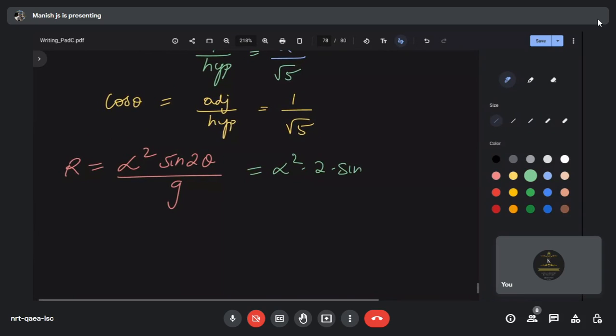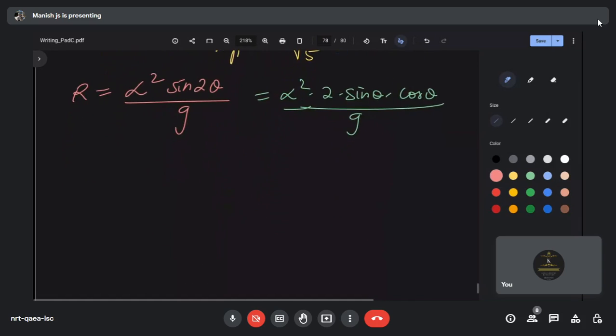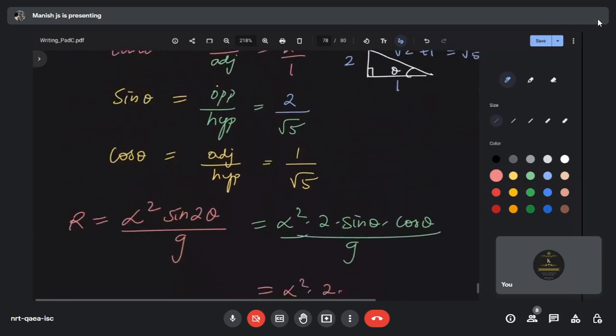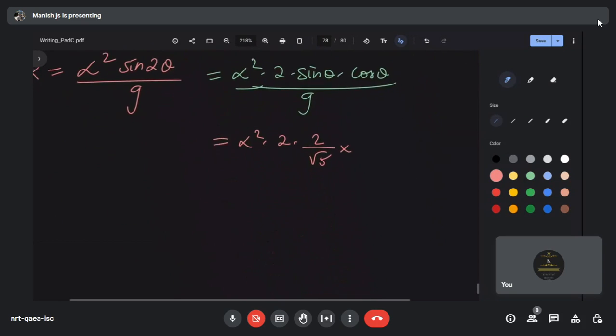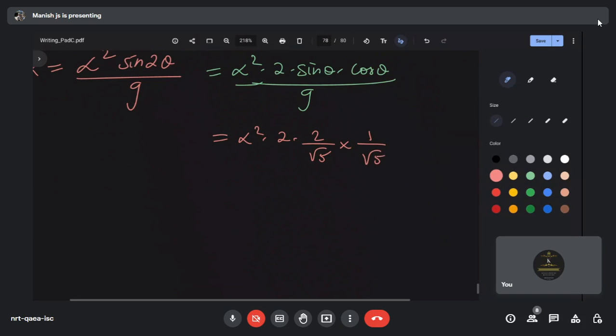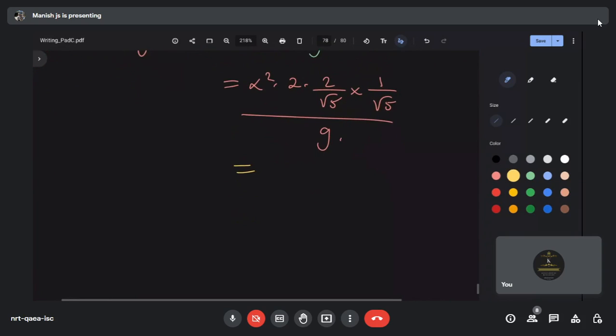Again, 2 sin theta cos theta, divided by g. Substitute the sin theta and cos theta values we have now. So alpha square into 2 into sin, which is 2 by root 5, cos is 1 by root 5, divided by g. Okay? So 2 into 2 is 4.